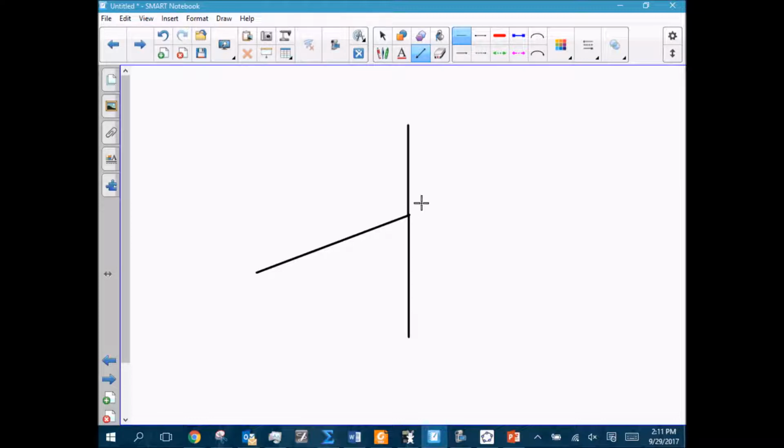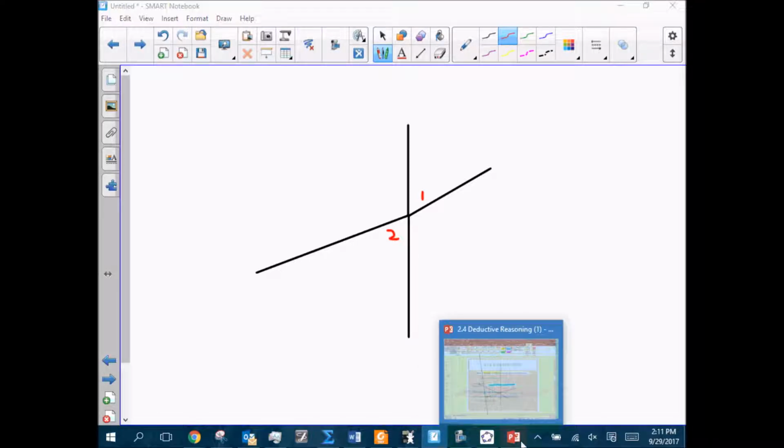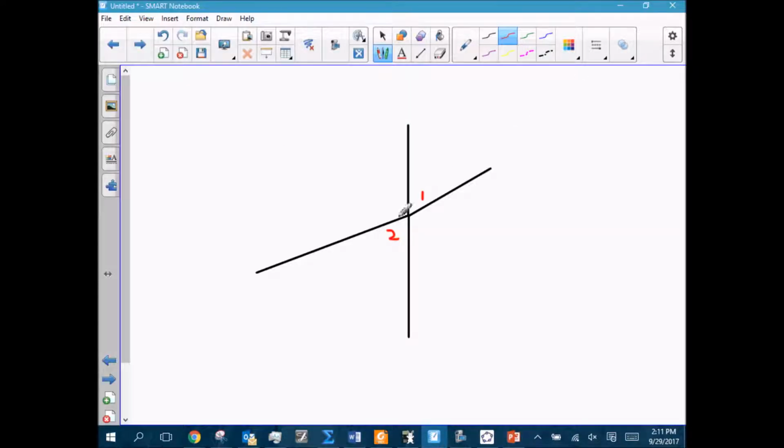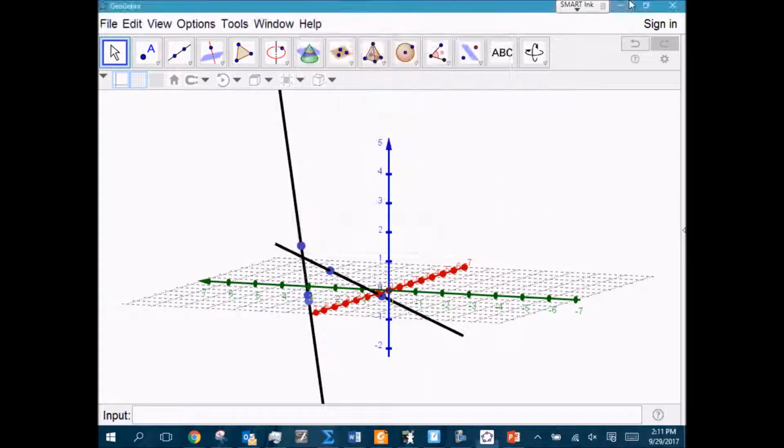But I could also have something like this, where that's angle 1, that's angle 2, common vertex, but no adjacency, right? So just because we have angle 1 and angle 2 sharing a common vertex, they could be these angles. So we don't know. We don't want to make a conclusion.